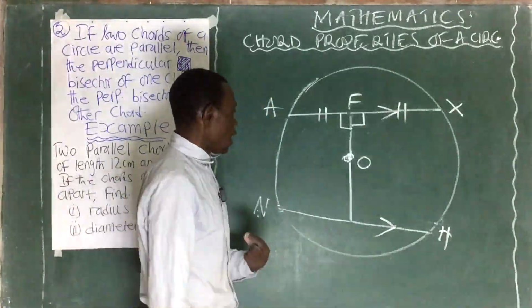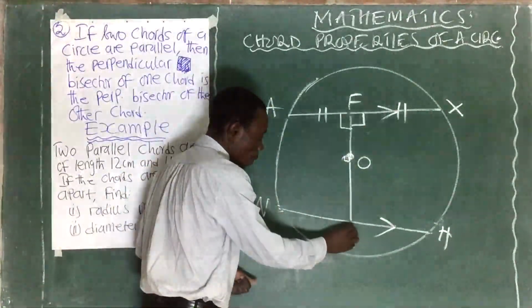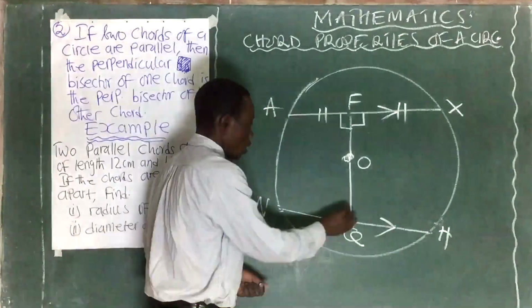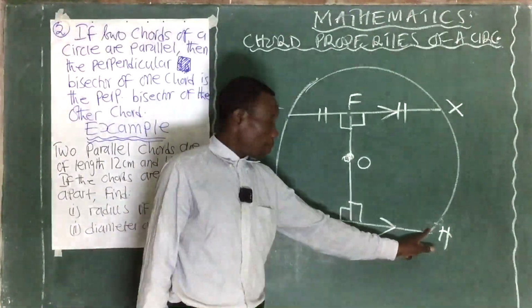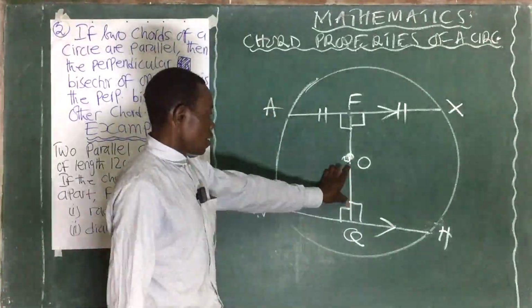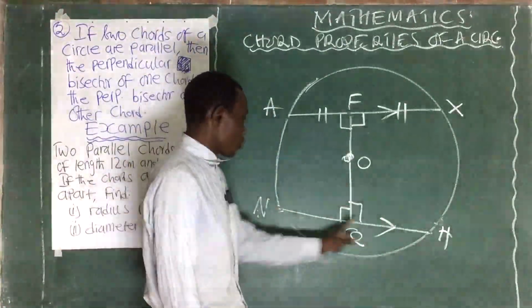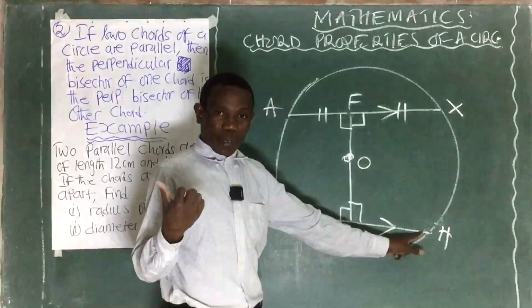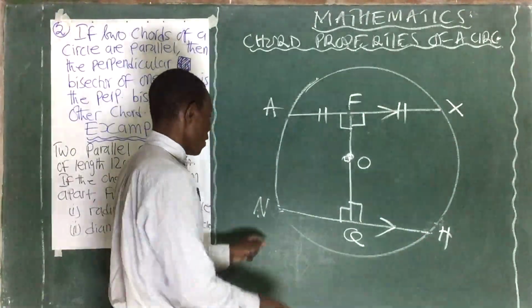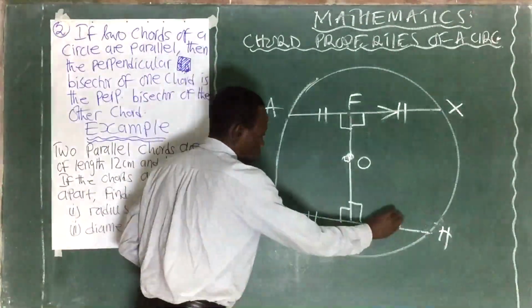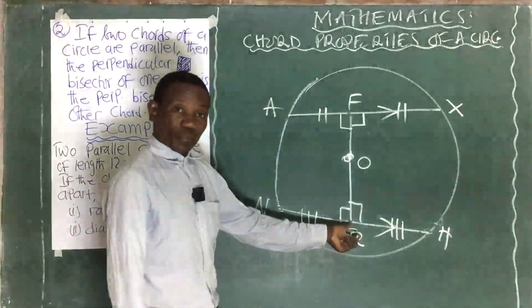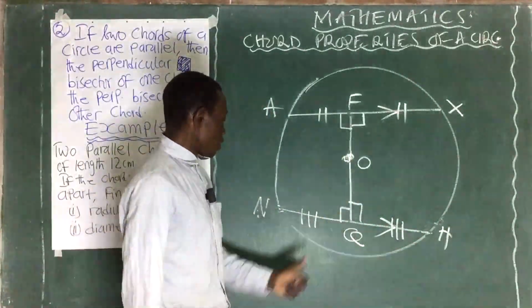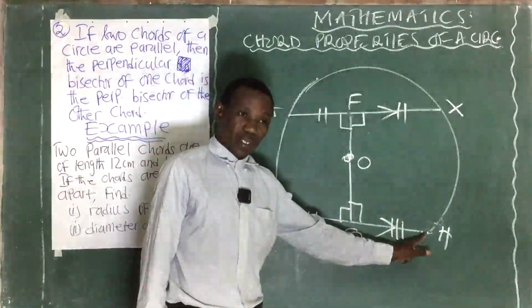Let us have a line OQ perpendicular to the other chord, NH. By the previous property, we'll be able to deduce that line NQ is the same as line HQ. OQ bisects the chord NH.